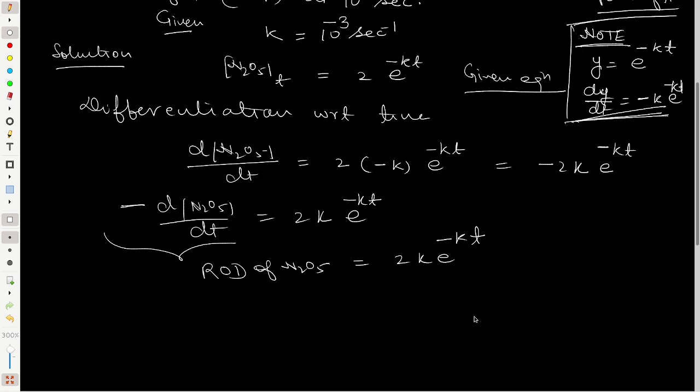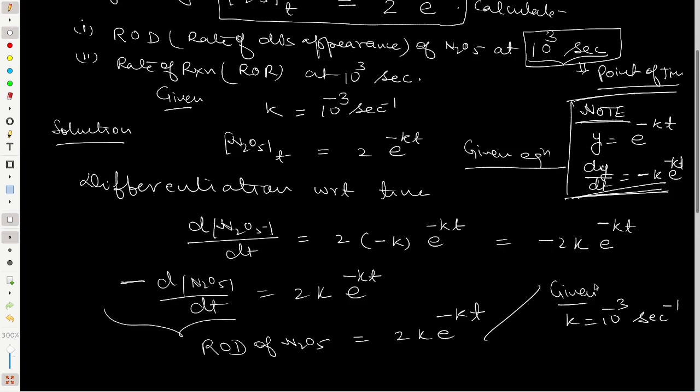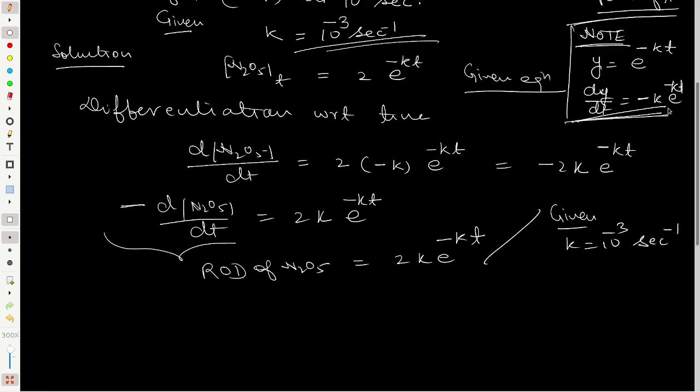Now dear friends, the time came for putting the values. Given k is 10 to the power minus 3 second inverse. This k was given to you already, and the time is also given, 10 to the power 3 second.